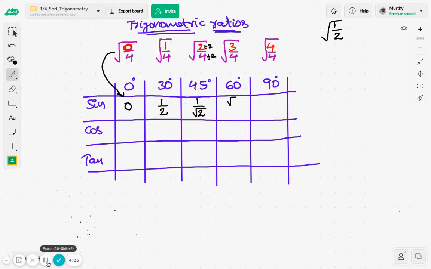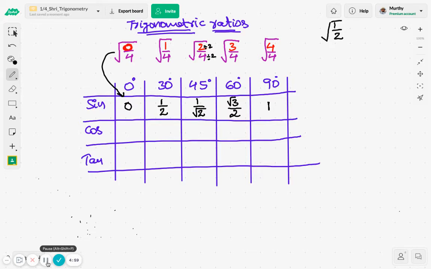I don't want to express it in decimal, so let it be square root 3. What is square root 4? It is 2. Now, the last fraction is 4 over 4. So 4 over 4 gives me 1. Square root of 1 equals 1.